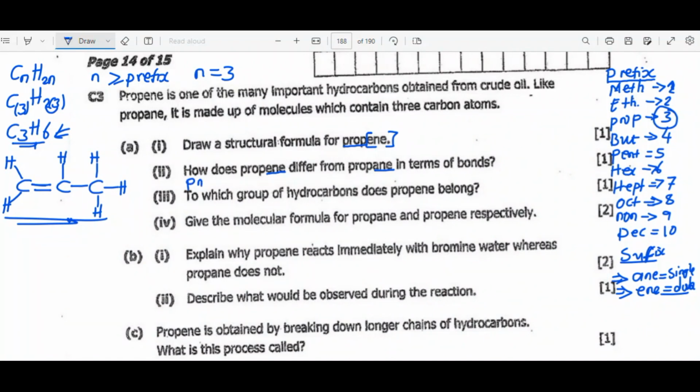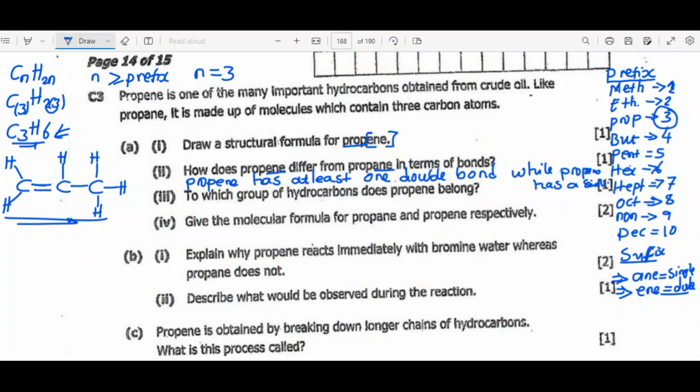So say propene has at least one double bond, while propane has a single bond.